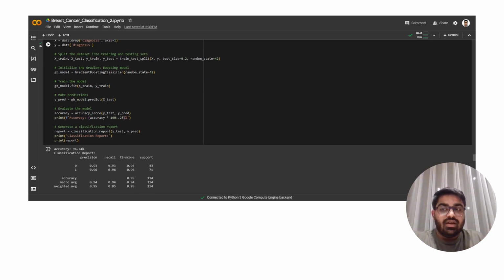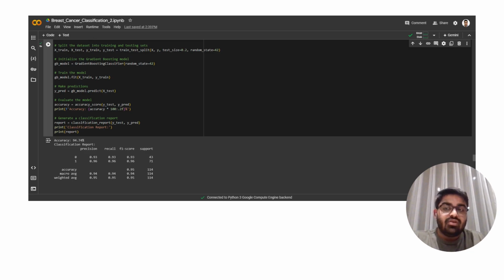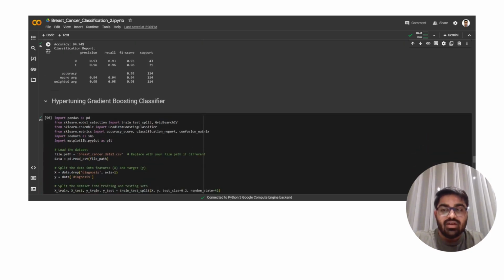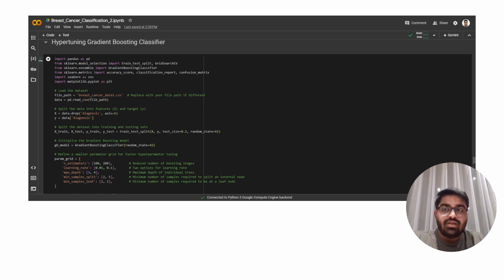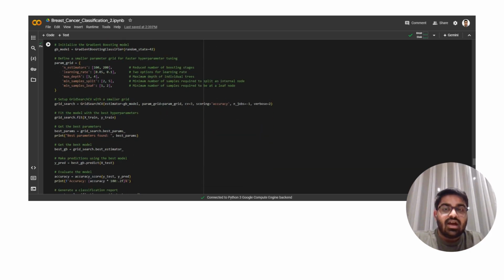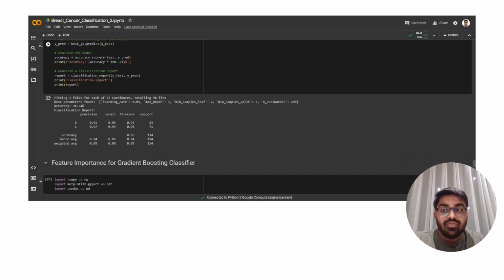The initial accuracy was 94.74, same as random forest, pretty close. However, once we hyper-tuned the gradient boosting classifier with the same criteria as for random forest, and set up grid search again to hyper-tune parameters, accuracy remained the same.